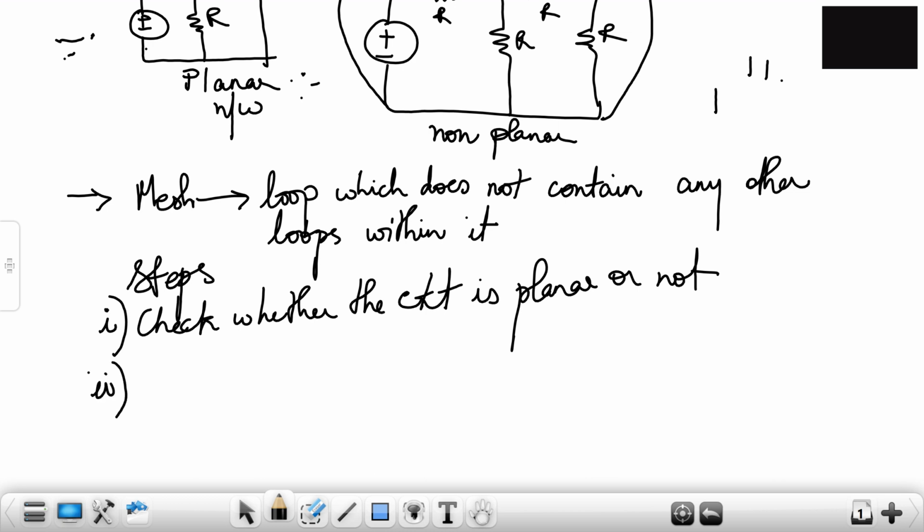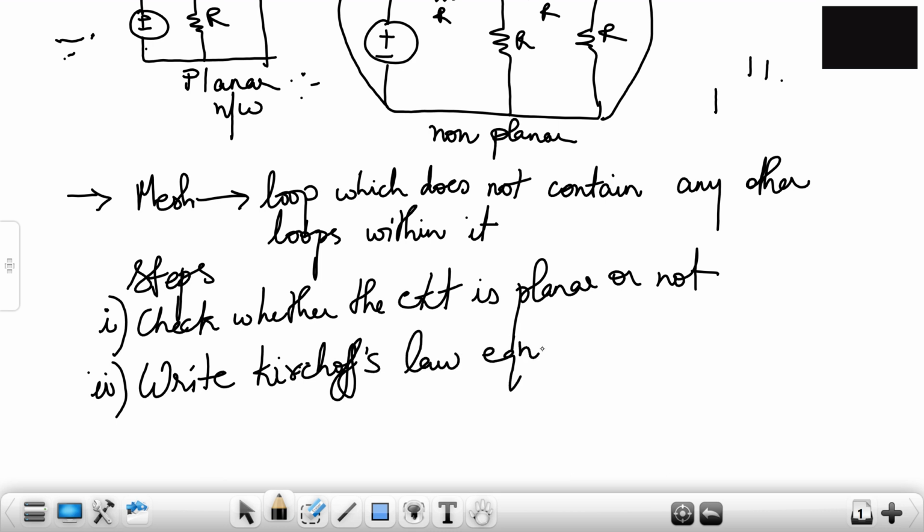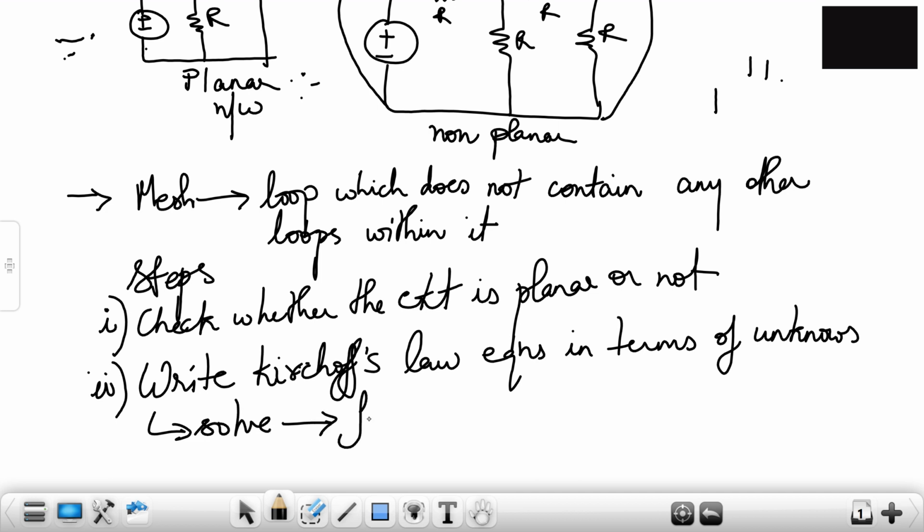Second step is you have to write Kirchhoff's law equations in terms of unknowns, and you have to solve them so that you get the final solution.